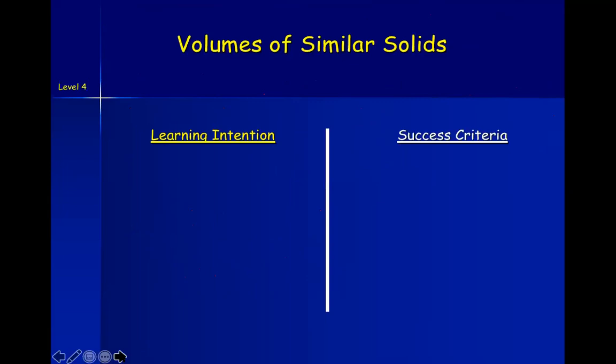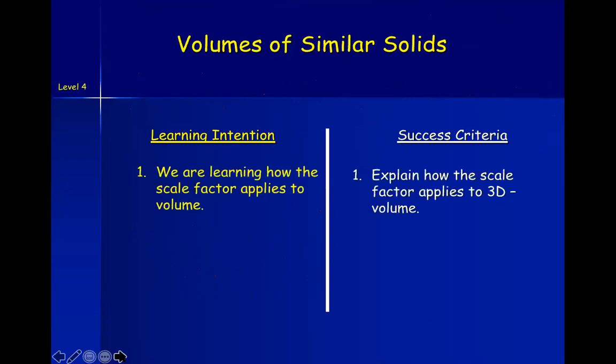So we did say we were going to look at volumes of similar solids today. We're going to try and explain how the scale factor applies to 3D volumes. Basically, we looked at linear scale factor, and when we came to area, we said we needed to square it to find the area of the larger of the two.